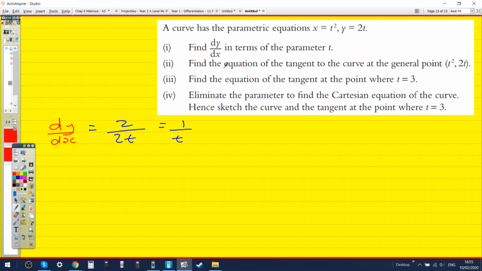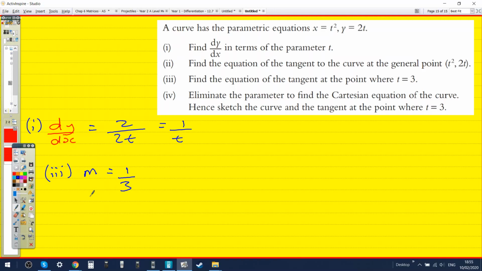Okay. So find the equation of the tangent to the curve. No, let's skip to part 3. Find the equation of a tangent where the point is t equals 3. You would find the gradient at the point where t equals 3. So you just do 1/3.